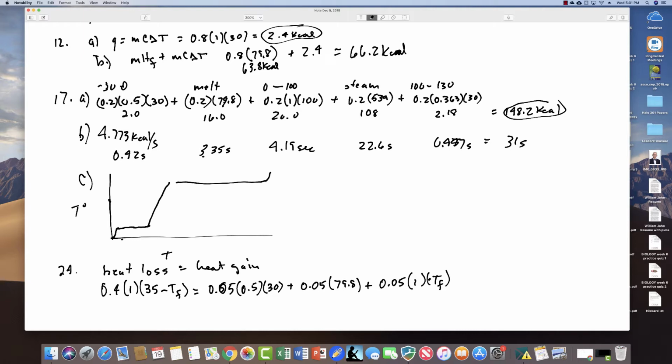And then if you do the math here, you're going to get a final temperature of 20.6 degrees centigrade.